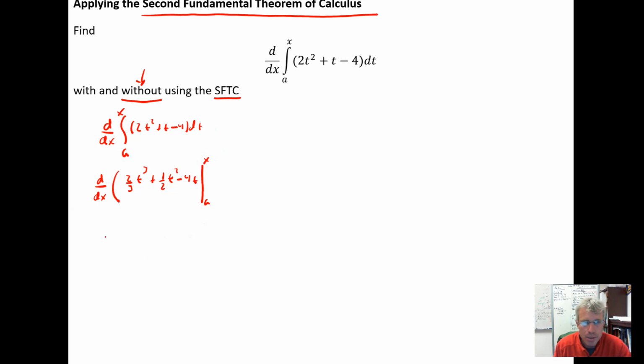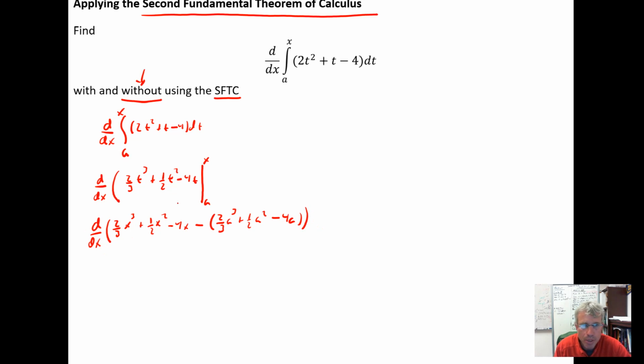Then you would use the fundamental theorem of calculus to recognize that you plug in the upper bound of integration, so you get 2/3 x cubed plus 1/2 x squared minus 4 times x, minus, in parentheses, the first fundamental theorem of calculus says plug in a, your lower bound of integration, so we get 2/3 a cubed plus 1/2 a squared minus 4 times a.